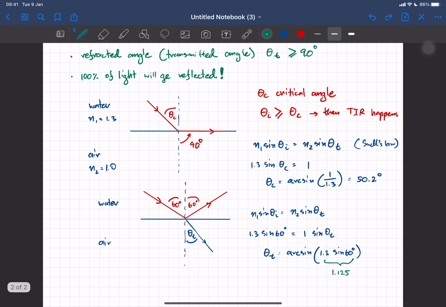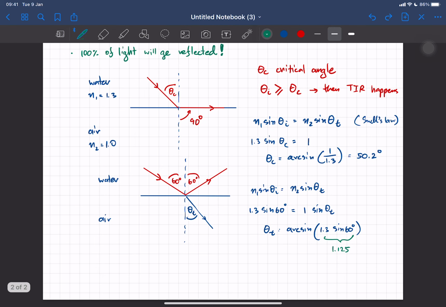Another thing that you can check yourself is that if we go from low index n to high index n, then TIR will never happen.